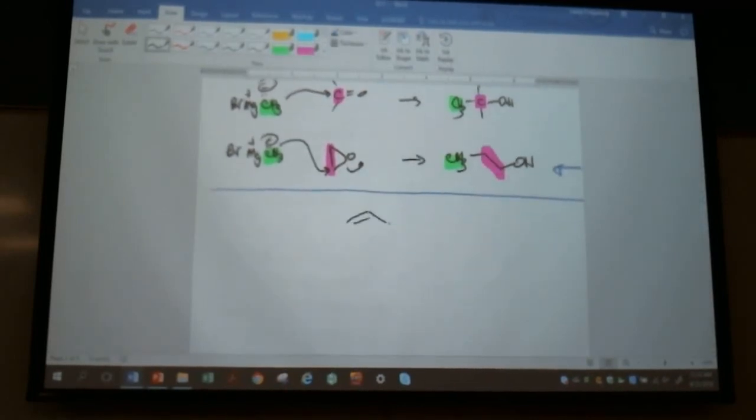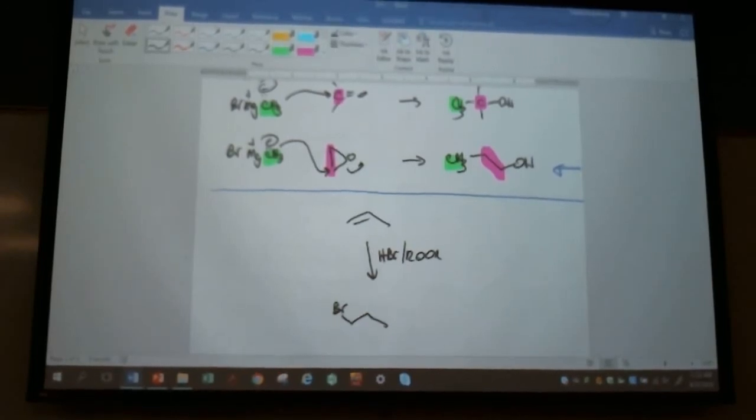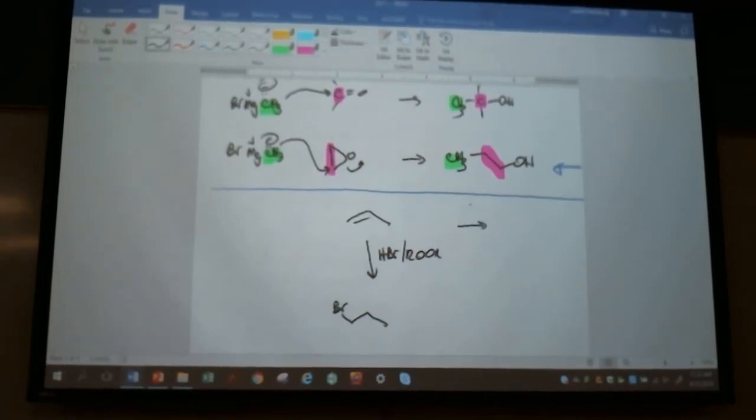From this, I'm going to put some HBr with peroxides, which will give me the bromine here. This is going to be the carbon that's going to add to the epoxide.